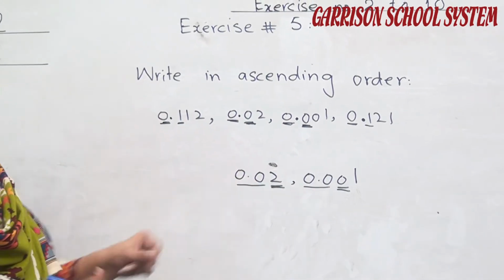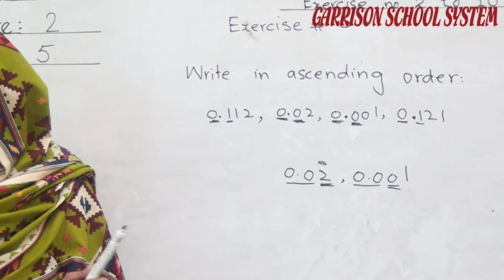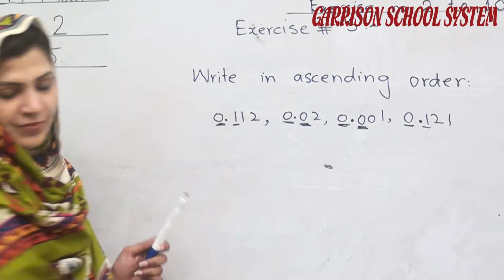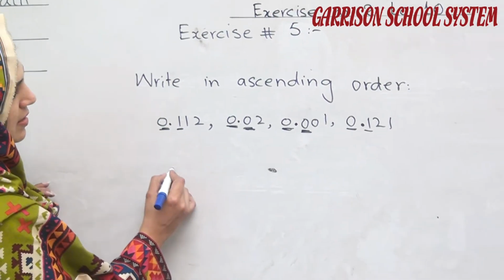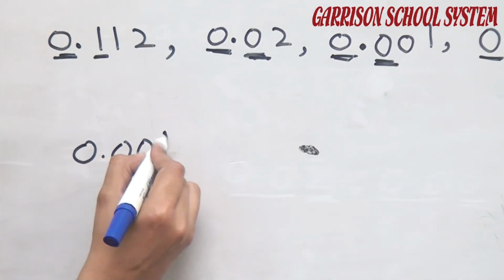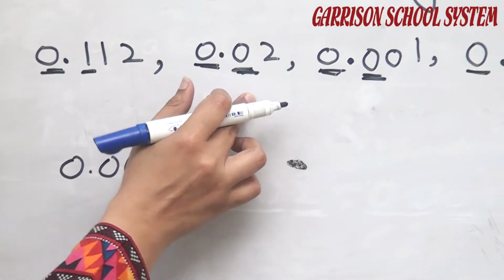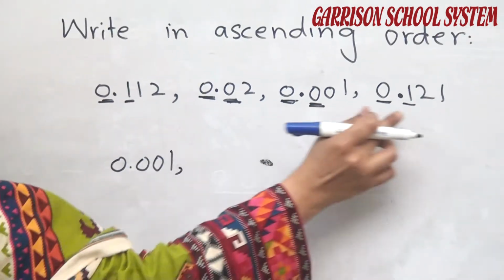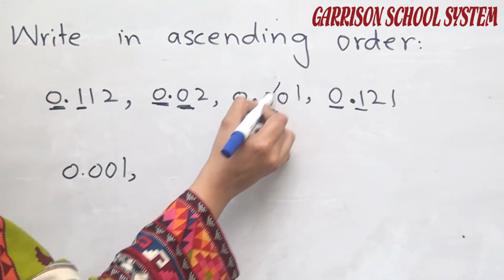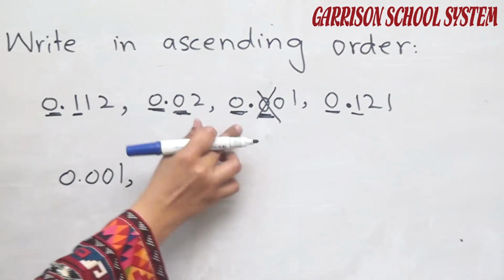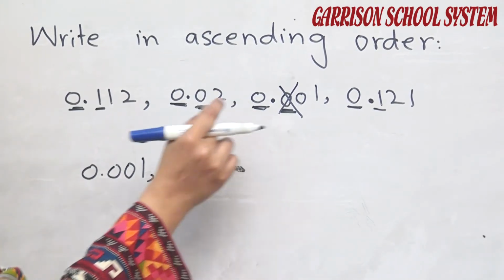This is the smallest number, and we can write it here. After this, we have to decide which is smaller among the remaining three numbers.